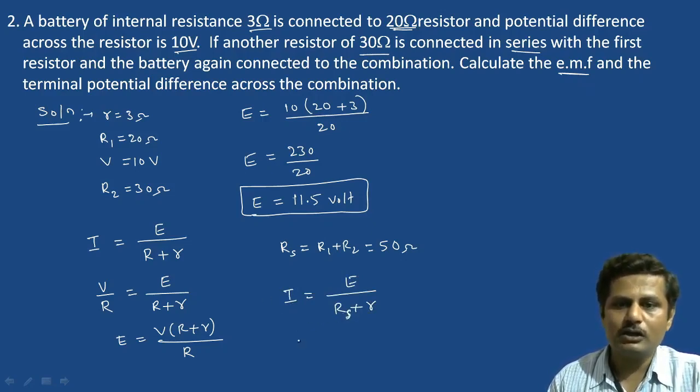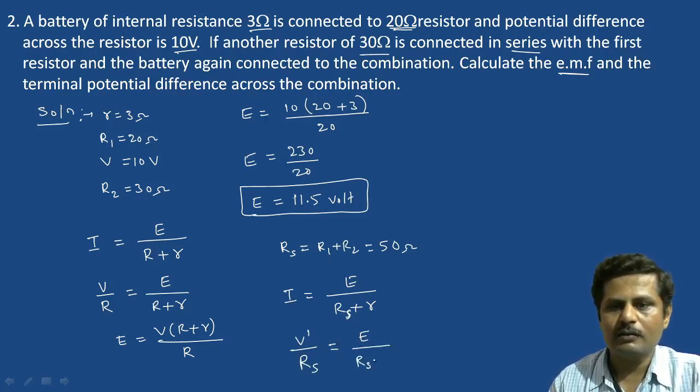Now I can be written in terms of terminal potential difference divided by the effective resistance, V dash divided by RS. This is equal to E divided by RS plus r. Now here we need to find out the terminal potential difference across the combination, that is V dash. So let me make V dash the subject of the formula, that is E RS divided by RS plus r.